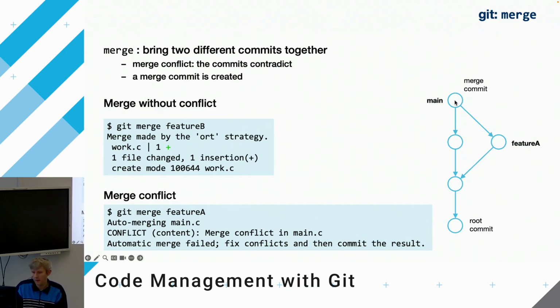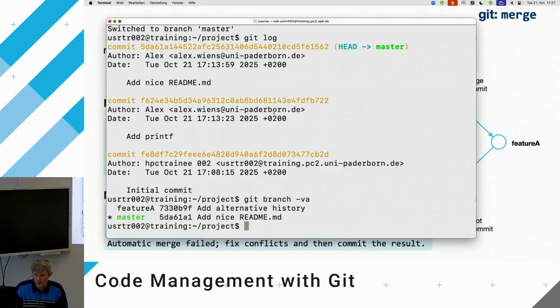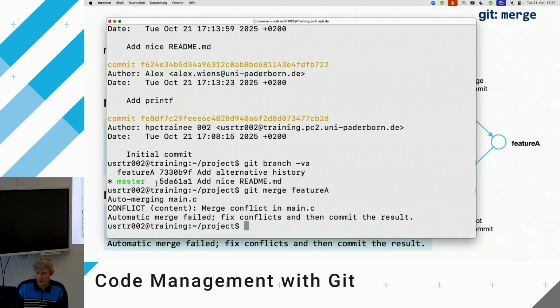So this way, all of these changes can be combined into one new snapshot. I'm right now at this master branch, and I have my great feature in this other branch. So I can now say, please merge the changes from this alternate history into my master branch.